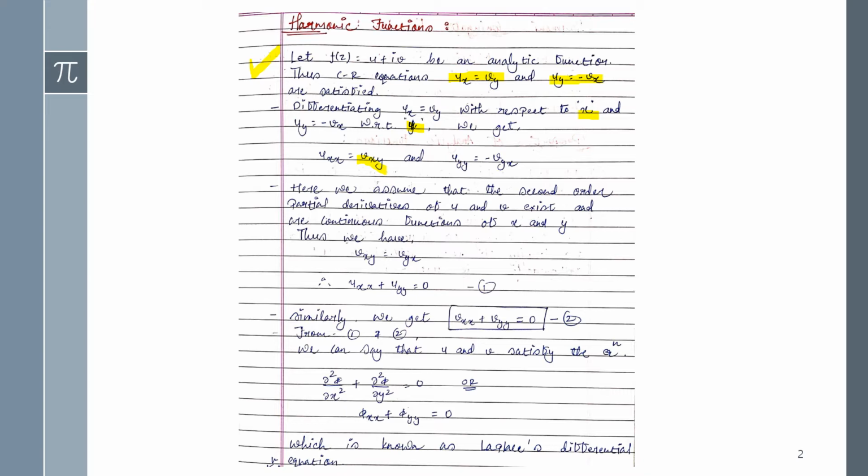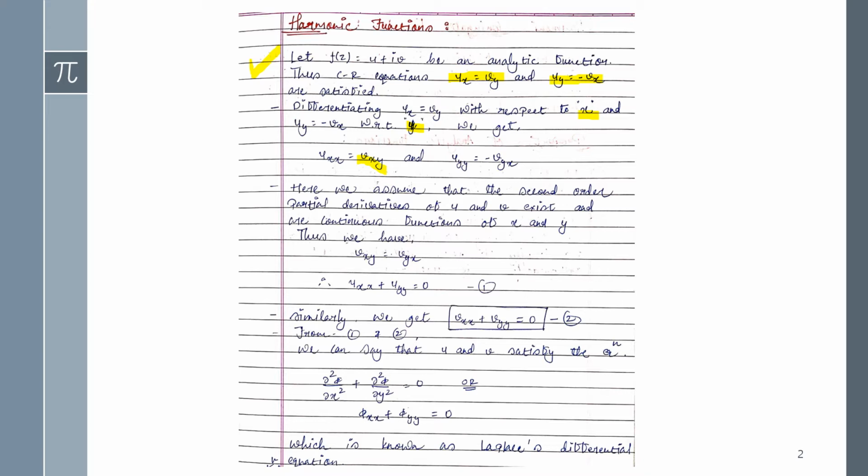Definitely we assume that the second order partial derivatives of u and v exist and are continuous functions of x and y, and thus we have, see, what they are saying: the vxy and vyx that we wrote here, both components are similar.